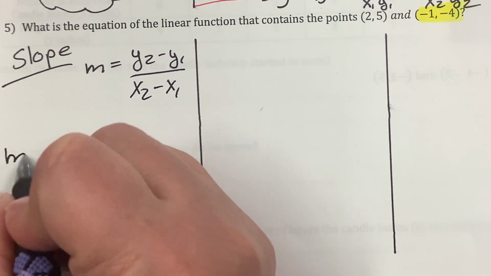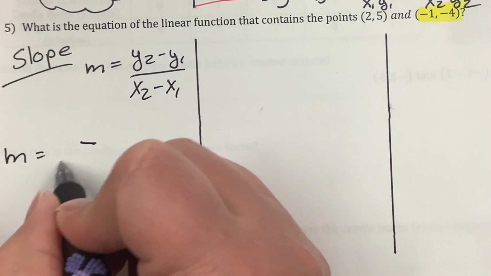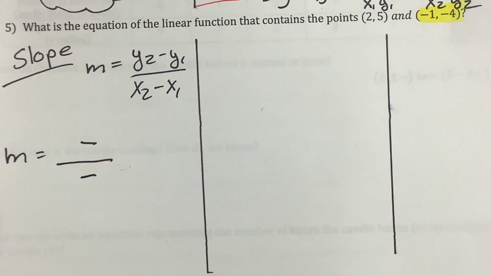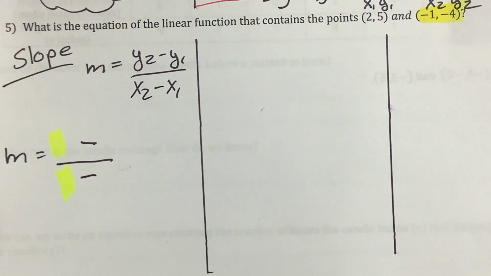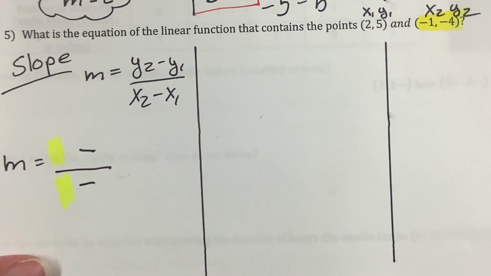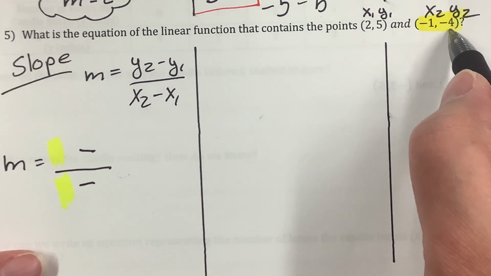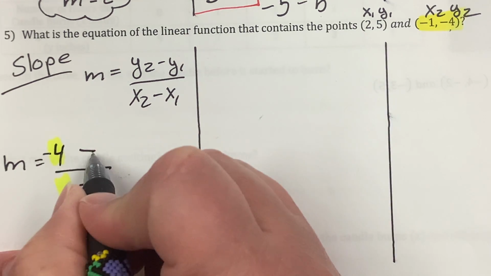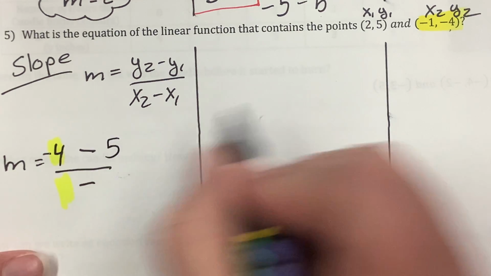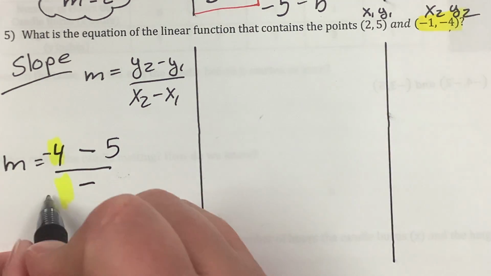So I have m equals, and I'm subtracting here. Highlight, highlight, happiness. So what am I putting in here? Y2 is negative 4 minus 5. Negative 1 minus 2.